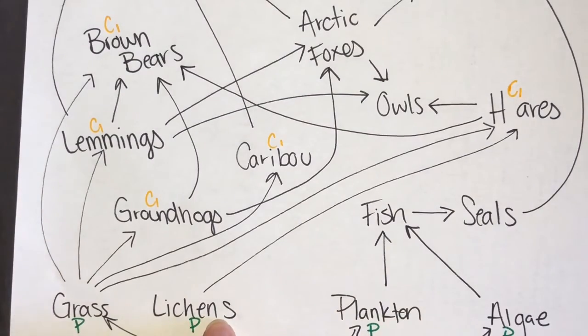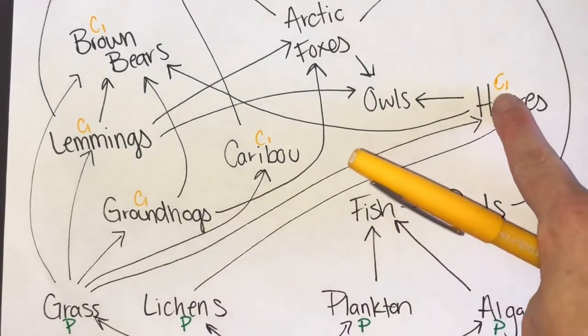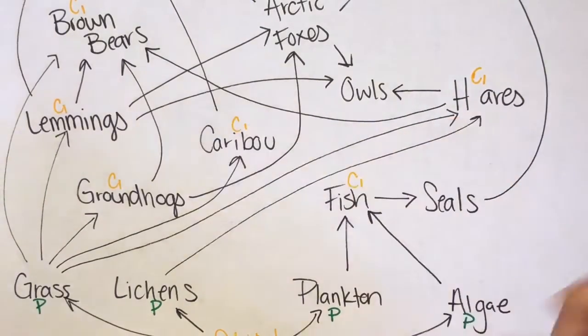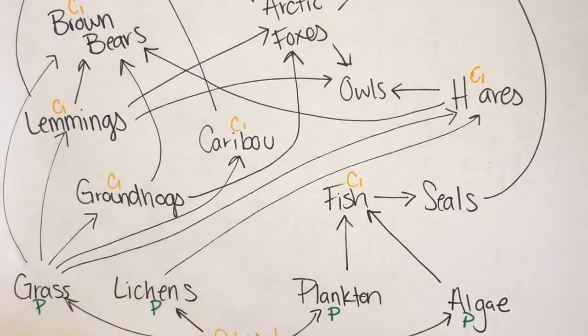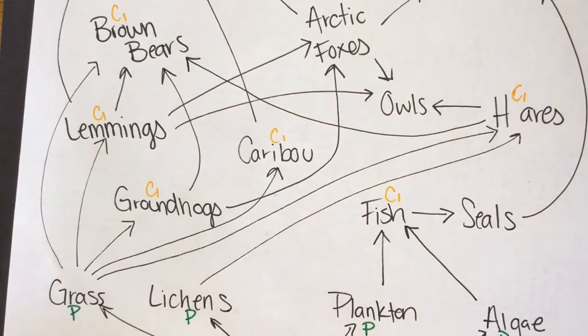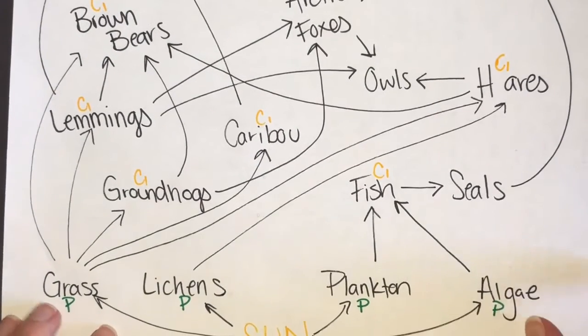Okay? Next, what eats lichens? Well, hares, but I already put the C1 there, so we're good there. Fish eat plankton and algae, so there we're done. So, that is all of our primary consumers.